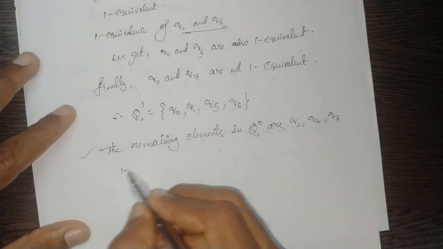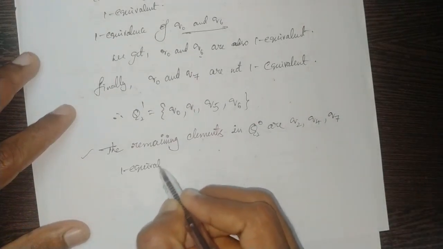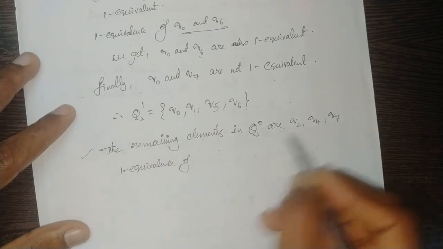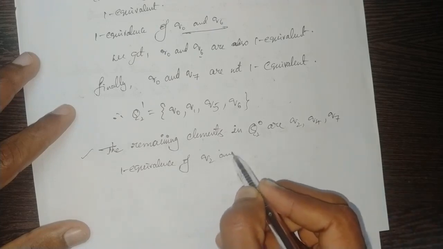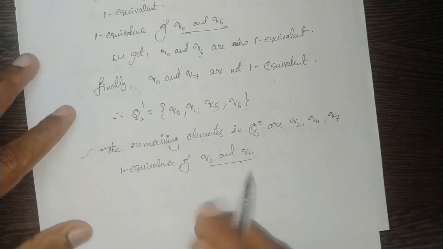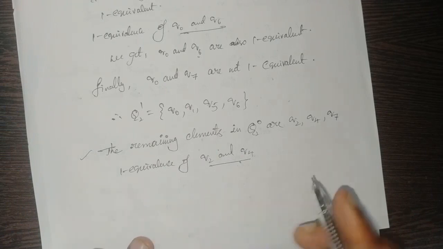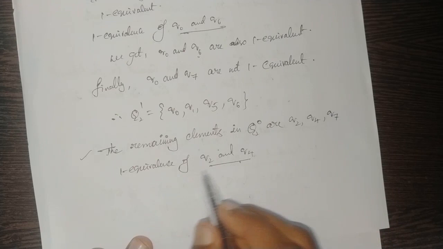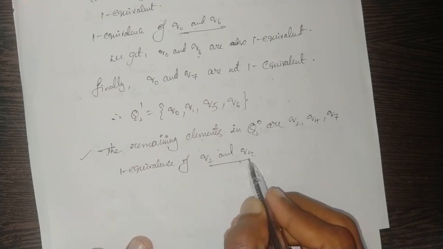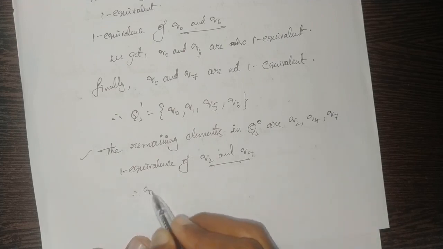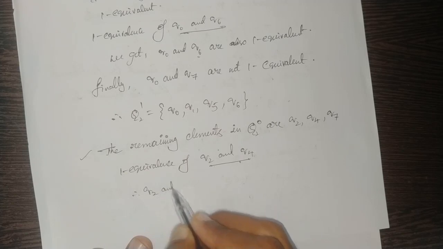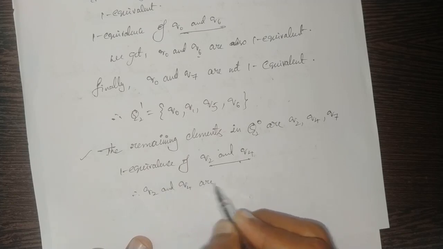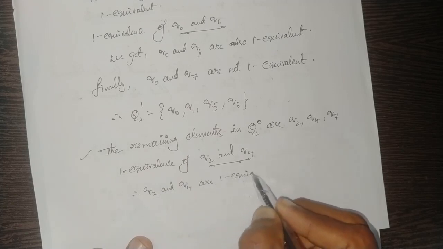Now check one equivalence of Q2 and Q4. By observing the transition table, we observe that these are one equivalent. Therefore Q2 and Q4 are one equivalent.